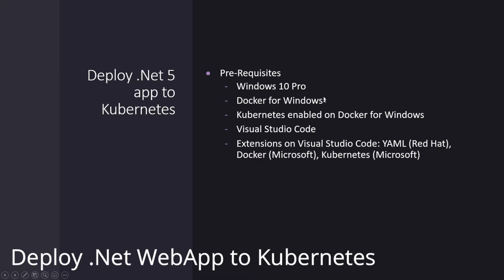Remember, this is the latest version. Today is the 3rd of August 2021, so if you listen to this in a year from now, there might be different functionality, but this is the latest. I enabled Kubernetes services on the Docker for Windows application that I've installed.